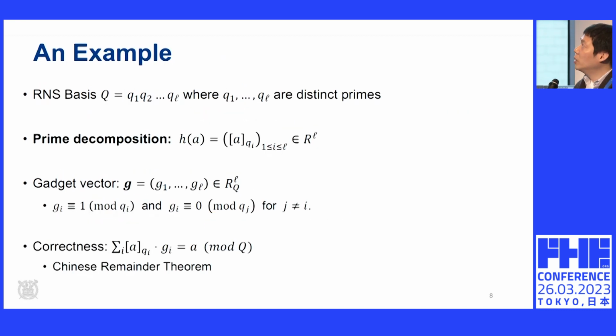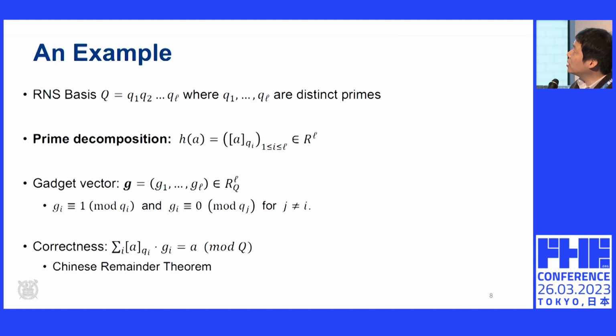Here's one example. If we have this RNS basis, you can consider what's called the prime decomposition, where H of A is defined simply as a tuple of A modulo Q_i. It looks very similar to the RNS representation of A, but actually they are different, because the RNS representation was introduced to make an algebraic isomorphism between R_Q and the product of R_Qi.